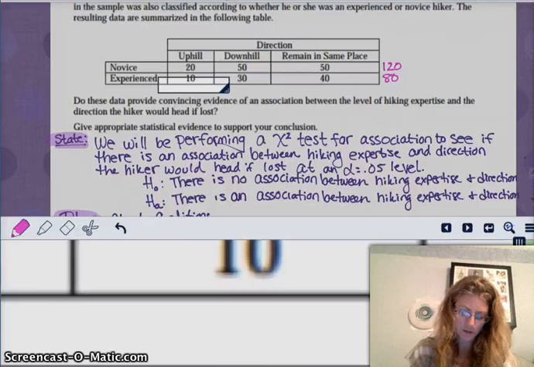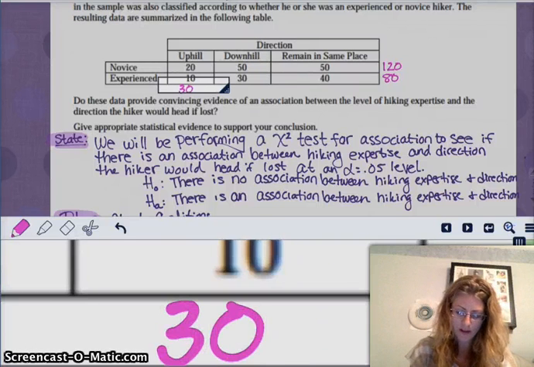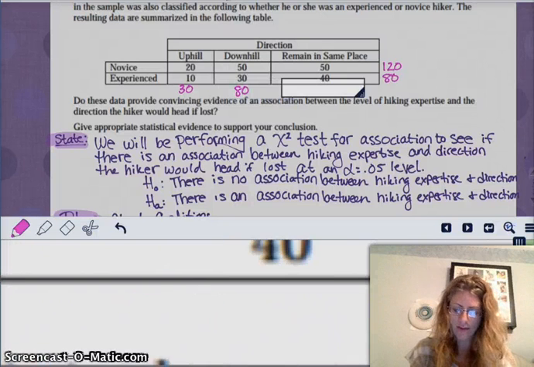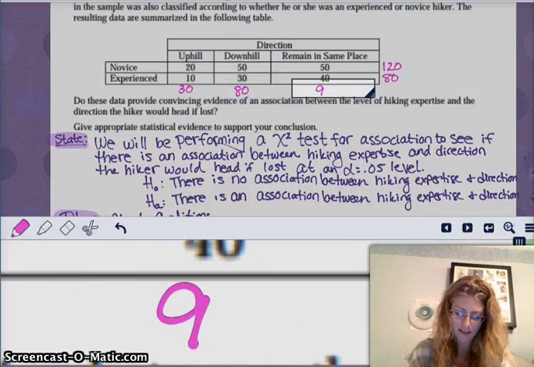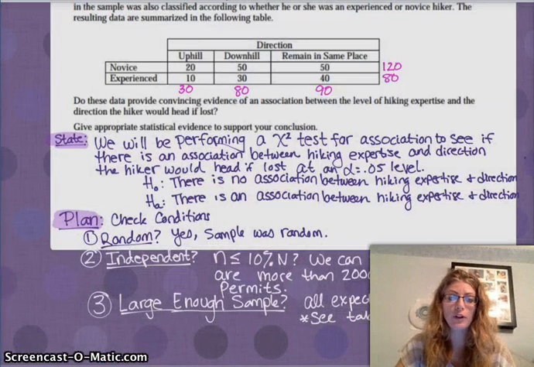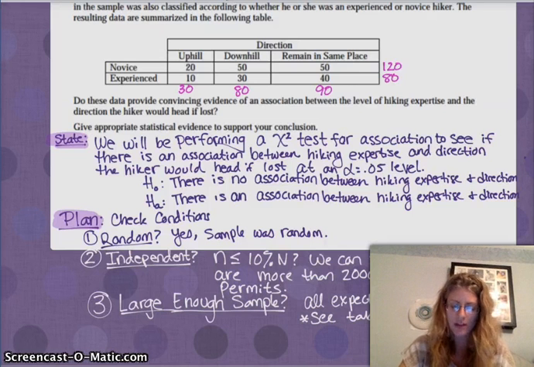My uphill totals are 30, downhill totals 80, and then remaining in the same place is 90. And just remember, for your expected values, you need to do your row total times your column total divided by the total total. Total total is 200.